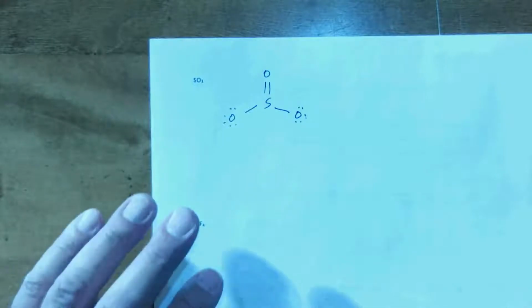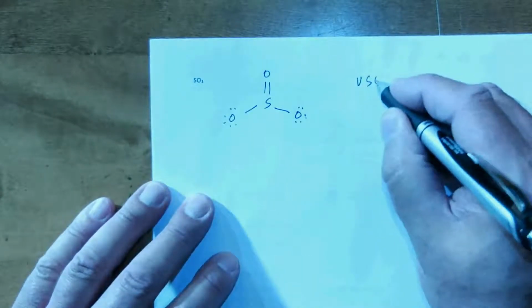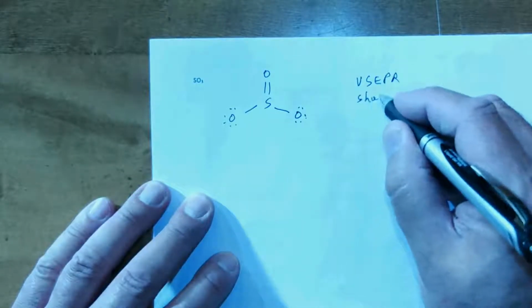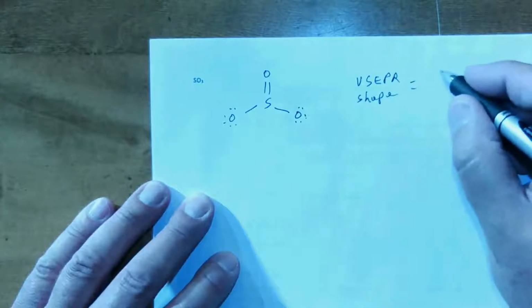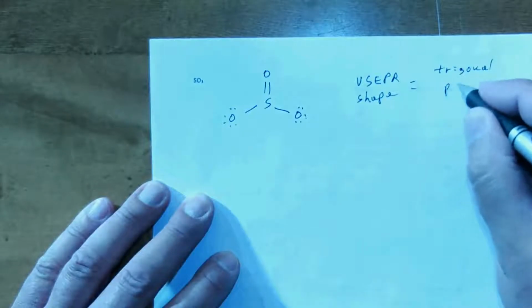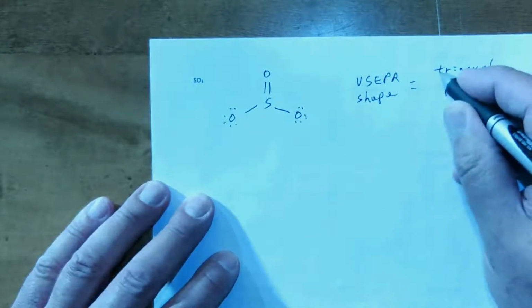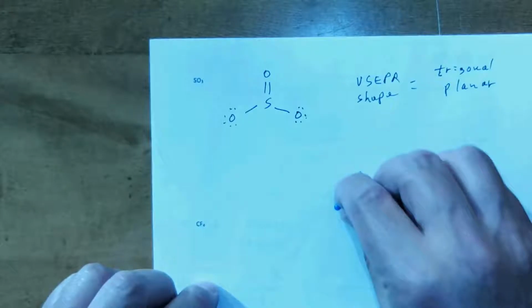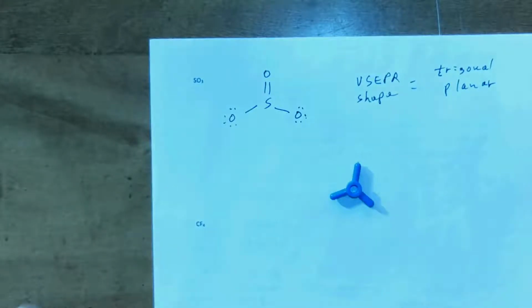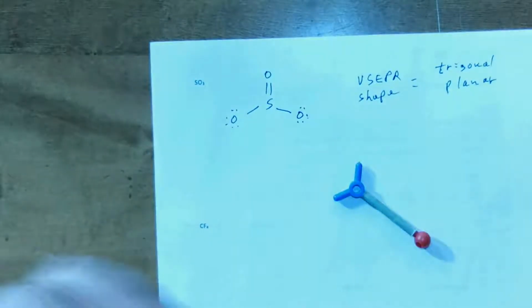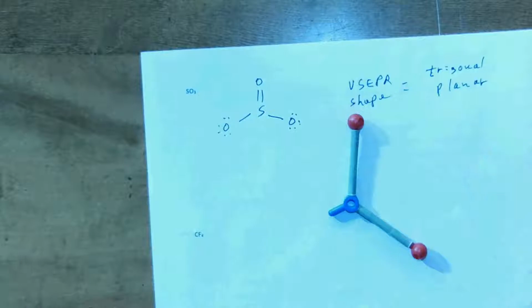If you apply VSEPR, valence shell electron pair repulsion theory, to this, the VSEPR shape that you come up with will be trigonal planar. That guy's nice and flat, right? You'd have the 3 count here, so 3 things. You have to build it based on this. Let's pretend that my blue is the sulfur and my reds are the oxygens.